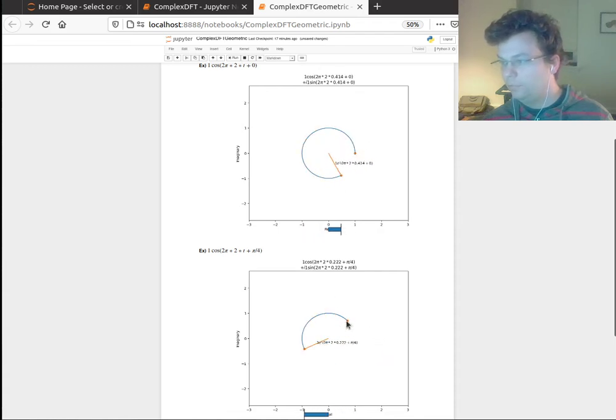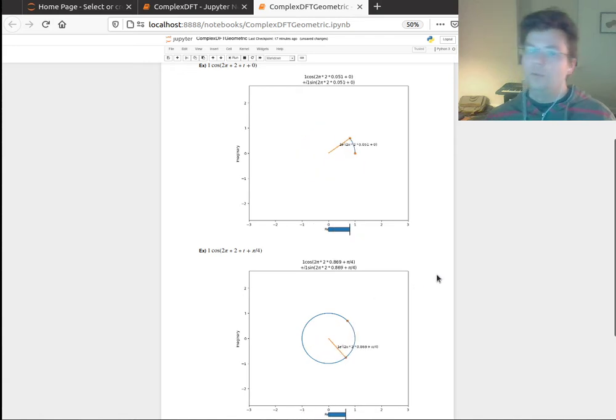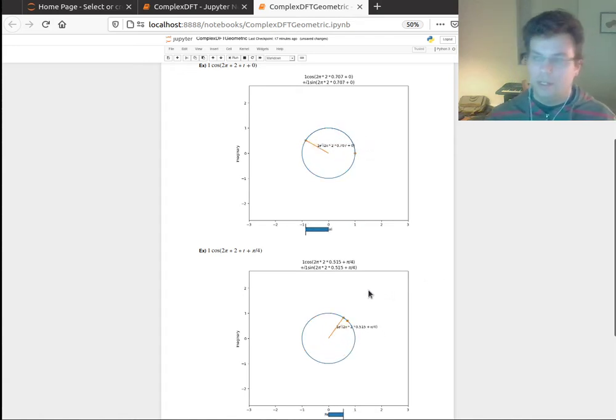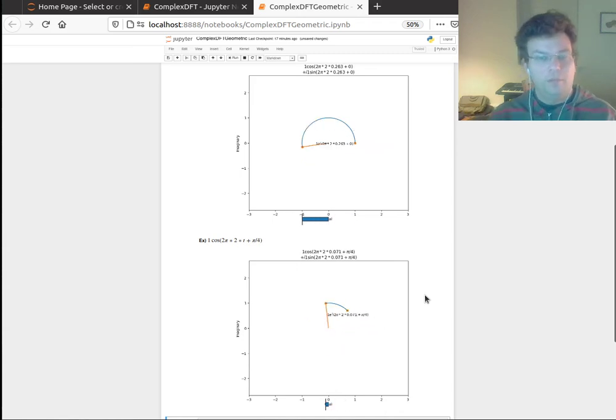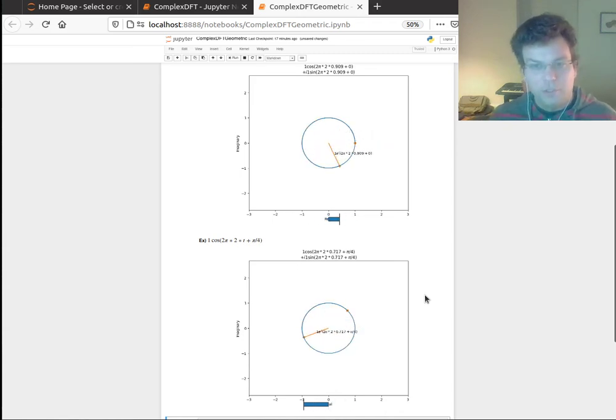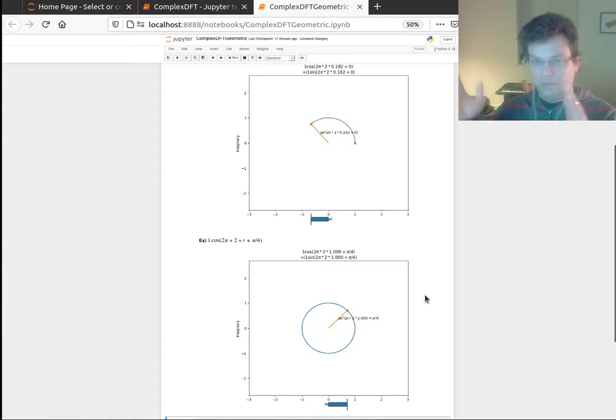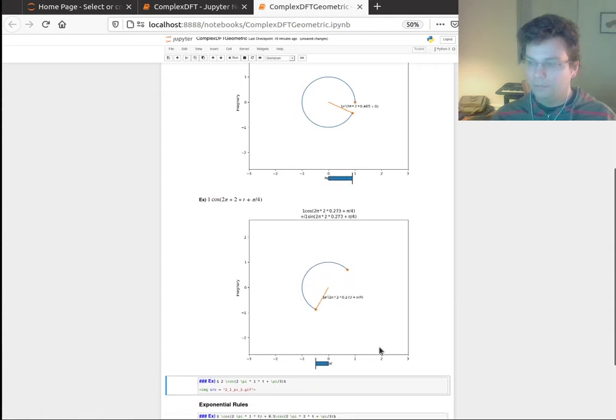This one actually starts at root 2 over 2, root 2 over 2. But what you see in this representation is that a phase shift corresponds to a rotation. I'll show you that algebraically in a moment. But that's interesting. That gives us a new way to think about phases. And I kind of hinted at this before. You can think of your signals as living on the circle, and shifting them rotates them. But this is making that more mathematically explicit.